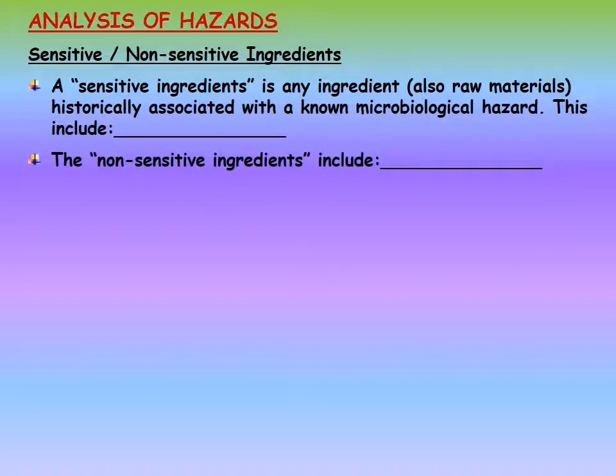Sensitive ingredients include meat and poultry, egg, milk and dairy products, nuts and nut ingredients. How about the non-sensitive ingredients? The non-sensitive ingredients include acidified fruits, antioxidant, sugar, salt and chemical preservatives.